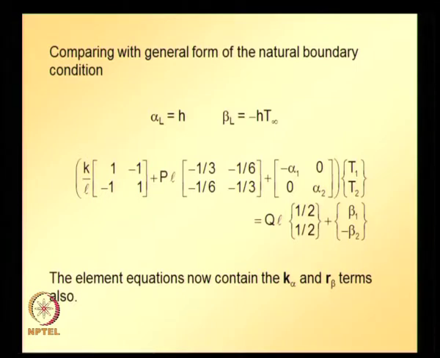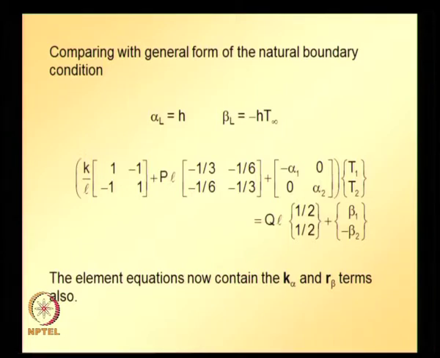So, now making a comparison, alpha L is nothing but alpha 2 and beta L is nothing but beta 2, and alpha 1 and beta 1 are going to be 0.